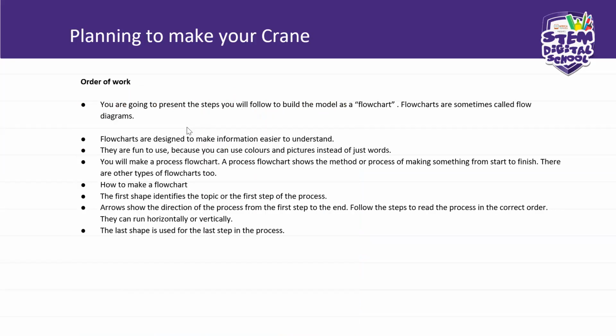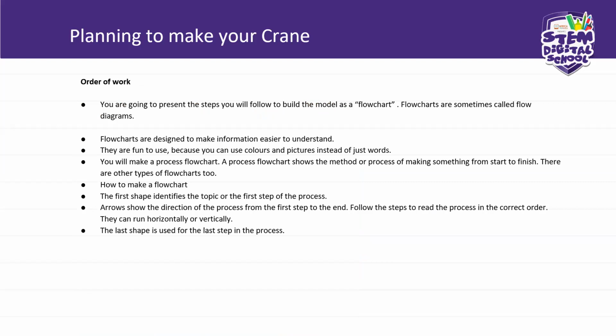Now, you have seen how you must make your crane. So now you are engaging in the design process. Remember, the design process starts with an investigation. So we've been investigating types of cranes. Design: you have to have a drawing of the crane that you choose.